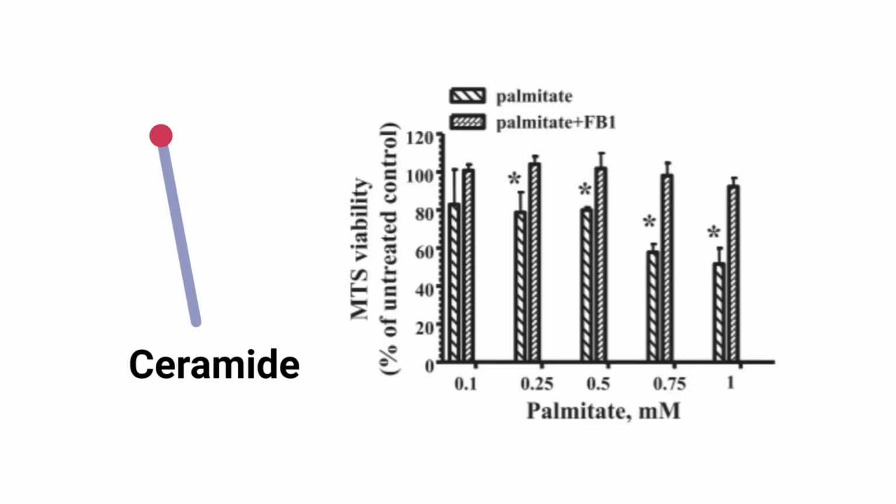AKT has to propagate that signal. Once it's activated, it needs to send a signal further down into the cells. As such, if something is blocking the interaction of the other proteins with AKT, then the signal can't continue on, even if AKT is active. So ceramides are implicated in some of that, and I'll be touching a lot more on that signaling in the coming content. For now, know that the overproduction of ceramides is not wanted.